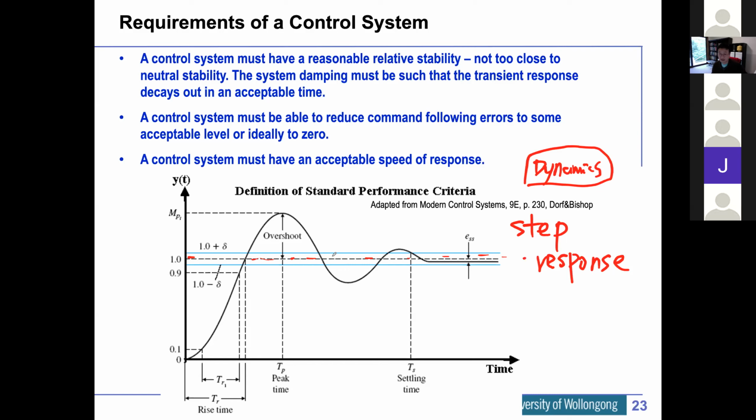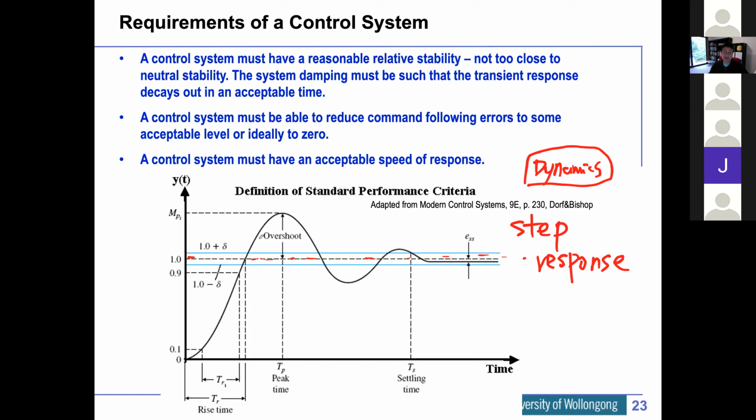When I say perfect, it doesn't mean you can do whatever you want with the system. You can't get whatever best performance you want. Perfect means you can get the best trade-off for a control system. So control system is always about trade-off. You don't get the best of everything.